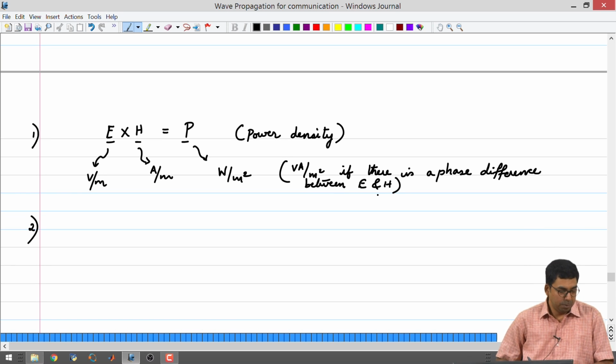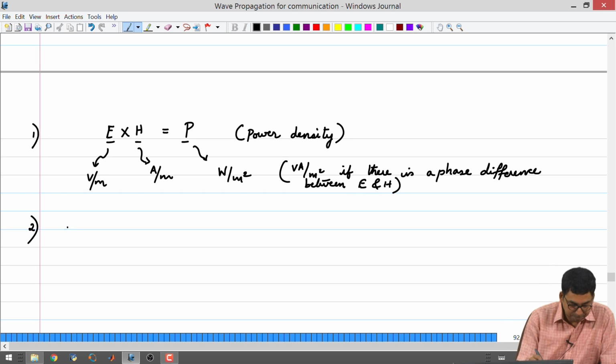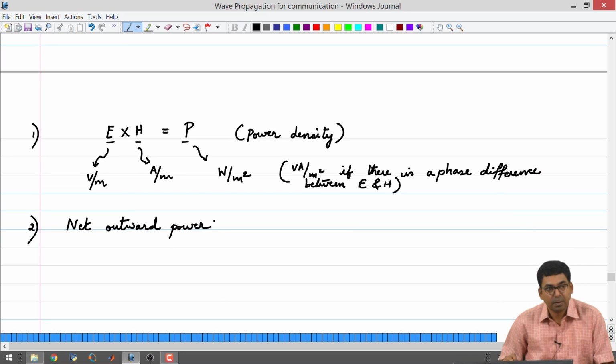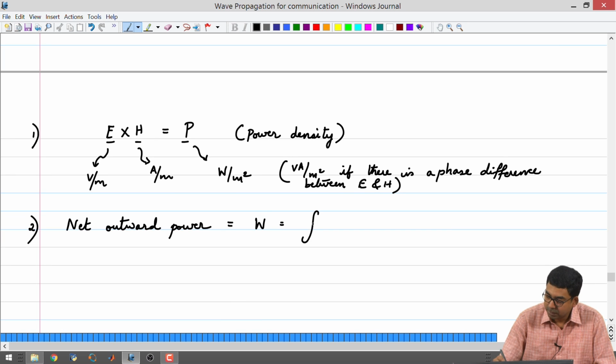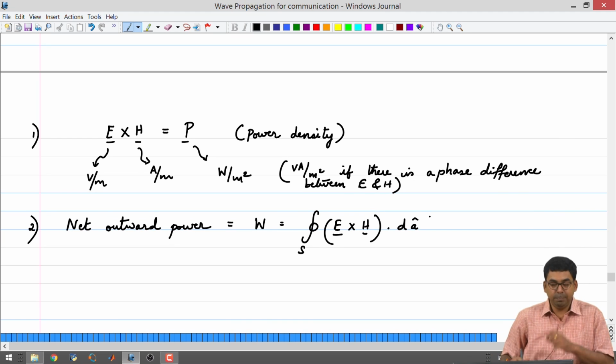Now, given an area, one can calculate the net outward power. The net outward power is usually given by this variable W. It is the closed integral of power density over the given area.